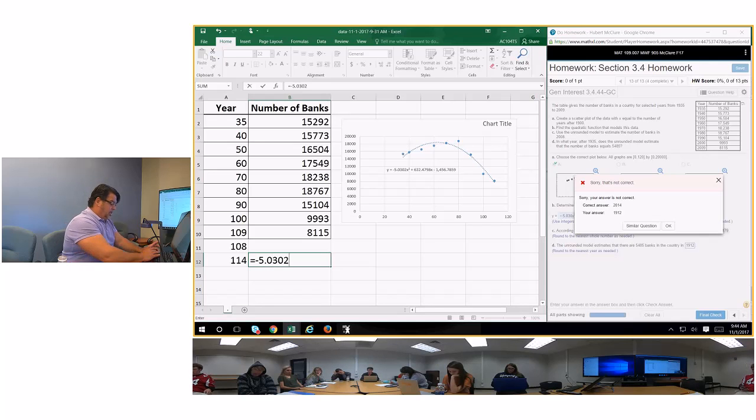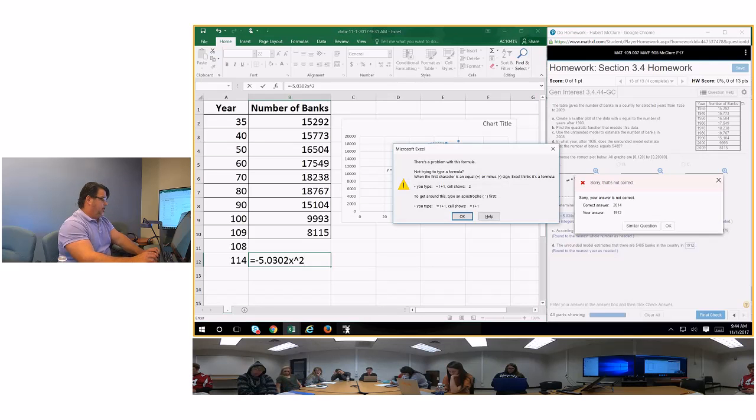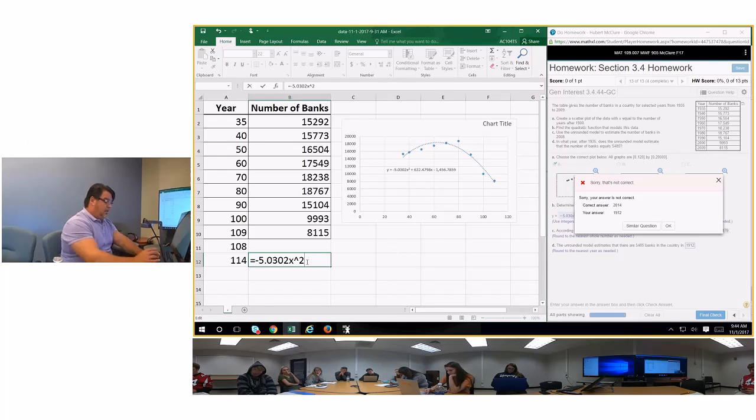So we'd have to punch it in there and say equals 5.0302 x raised to the second power plus 632.4798 x minus 1456.7859.